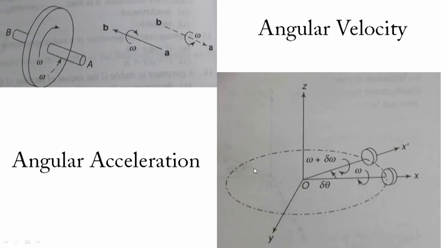Now we want to represent this case as a vector representation. From this figure we have drawn the vector diagram like this. OA represents the magnitude of velocity omega, because the length of the vector represents omega.